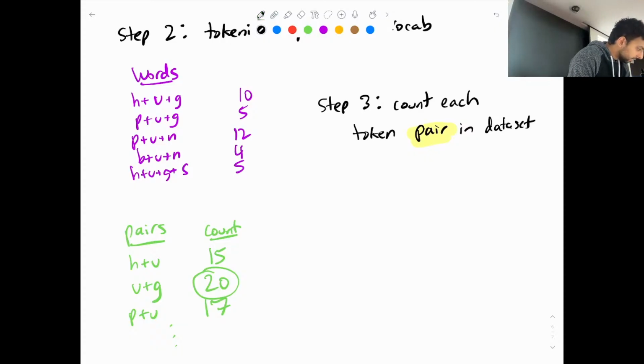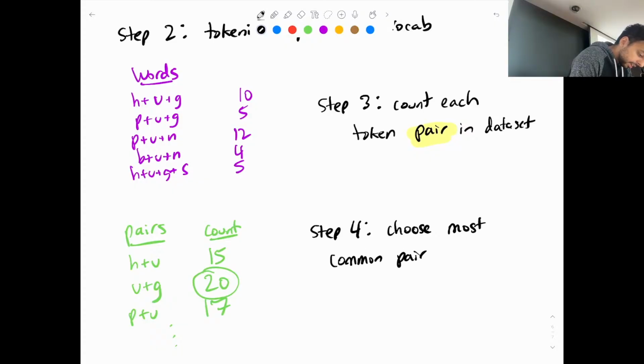So now, in step 4, I choose the most common pair and add it to my vocab, and then I'm going to re-tokenize.